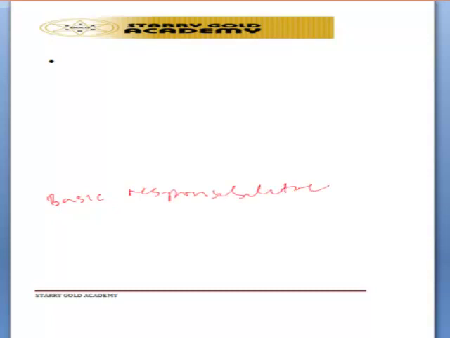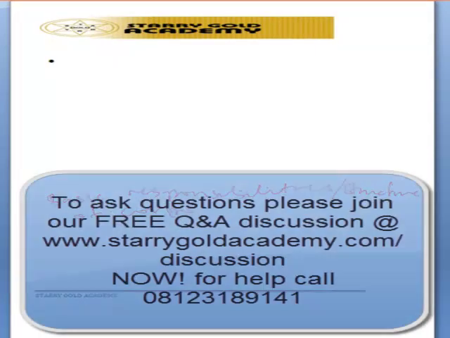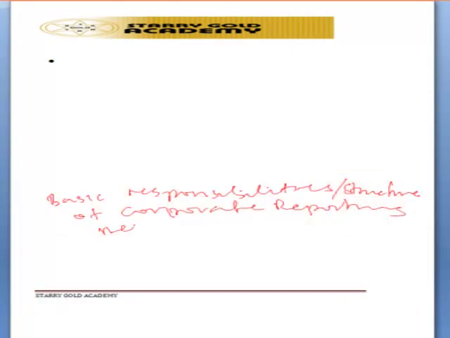Basic responsibilities. Now, basic responsibility, or I can say structure of corporate reporting needs. Corporate reporting needs for students.